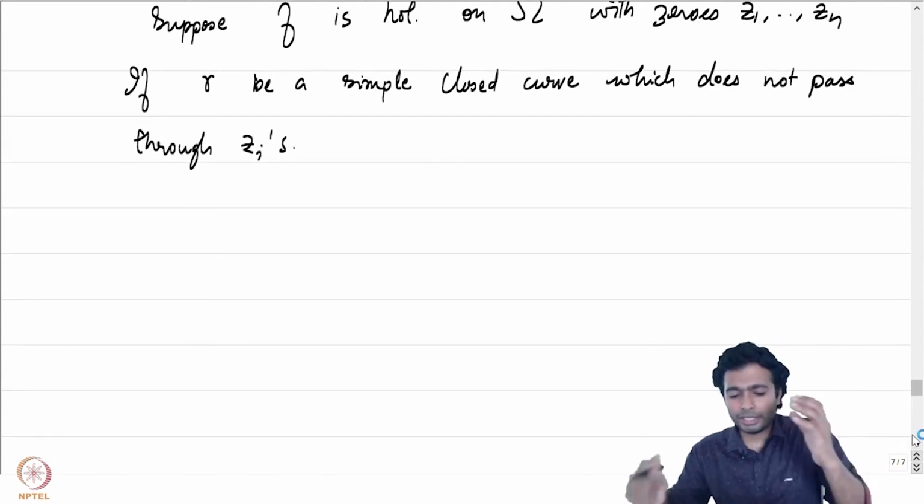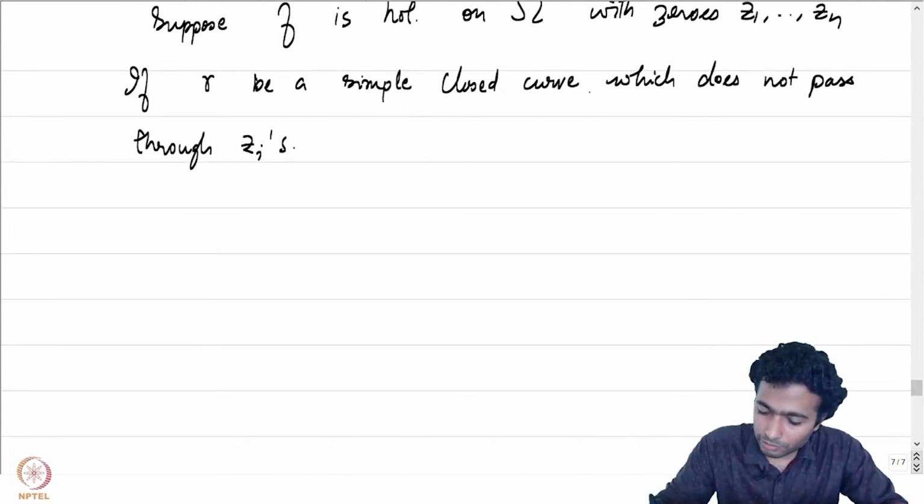Then the number of zeros in the interior of gamma, simple closed curve, null homotopic.